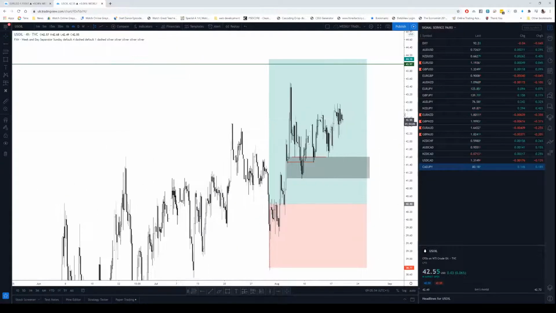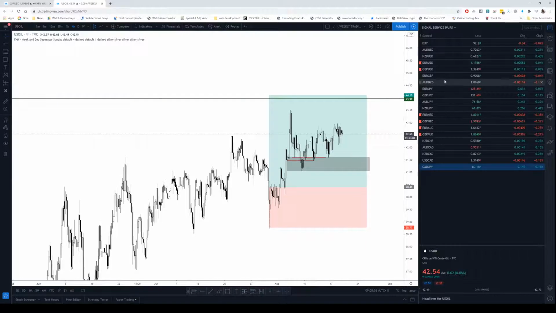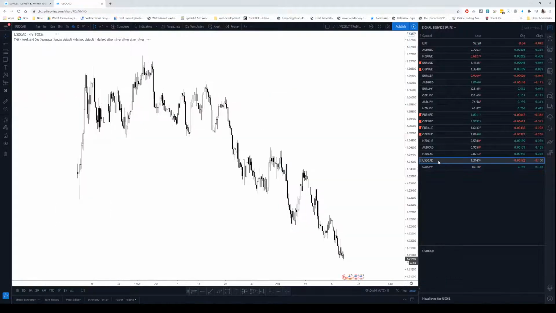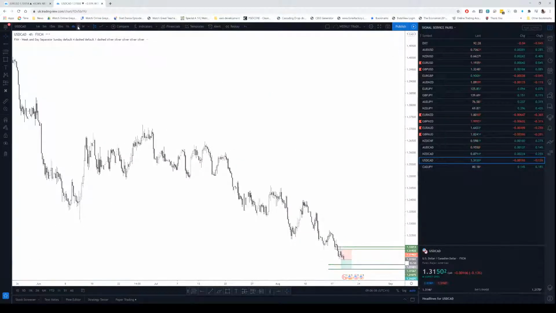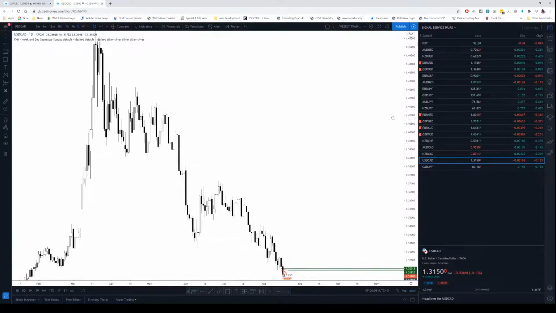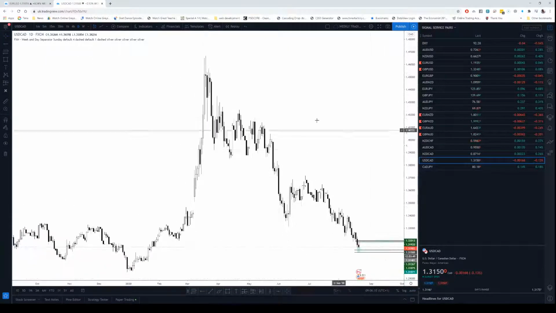Consolidation, expansion. Let's use dollar CAD as a pair for examples.